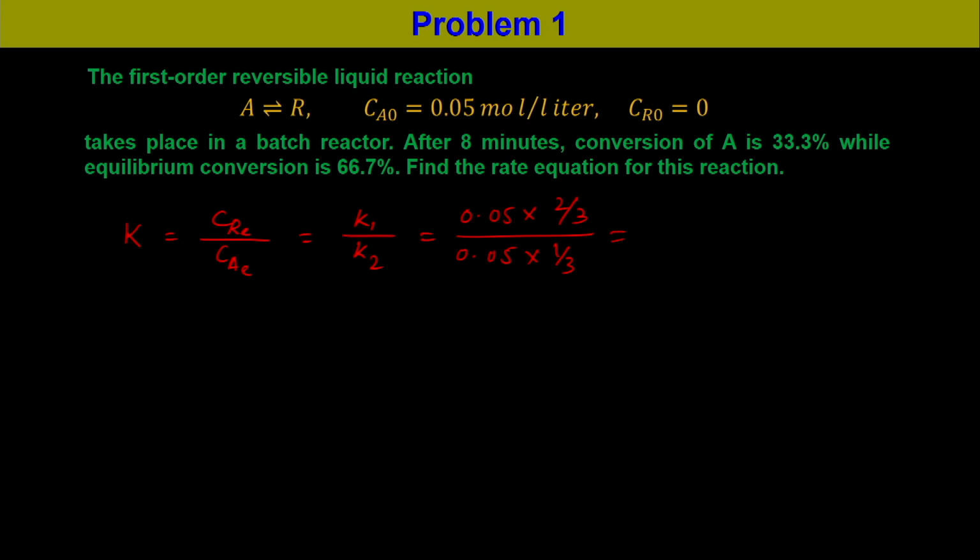So, this is equal to 2. Therefore, K1 is equal to twice K2. So, this is equation 2. Now, if we solve equation 1 and equation 2, we can get K1 and K2.